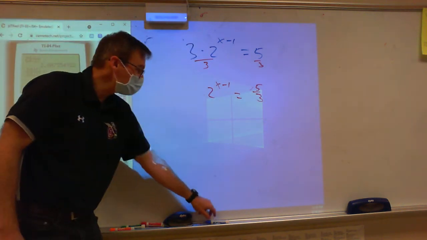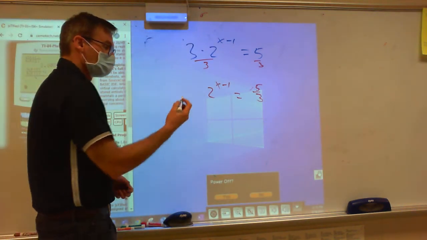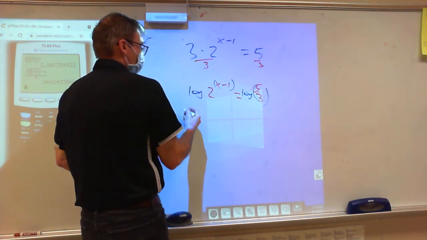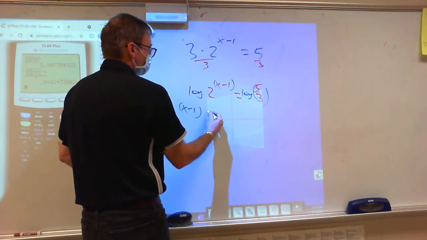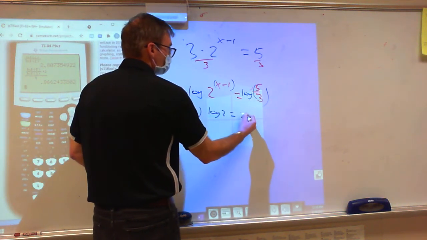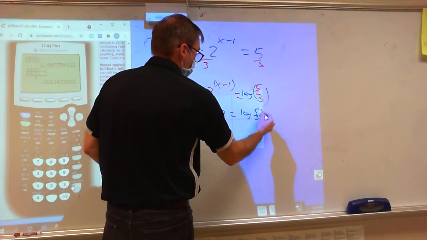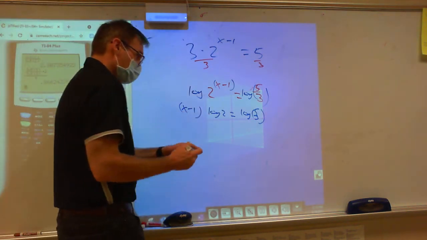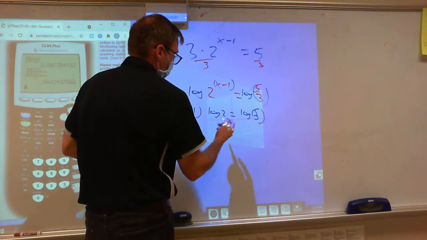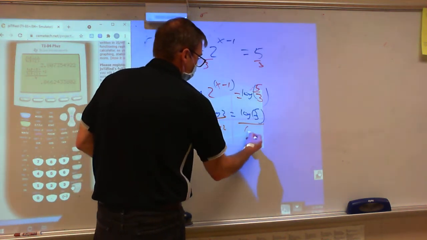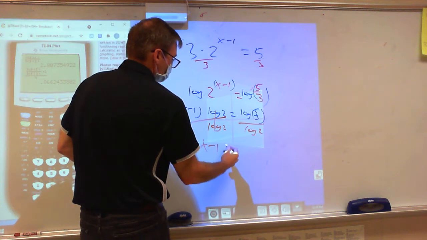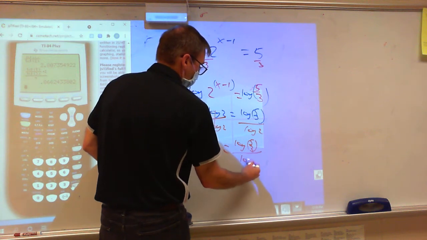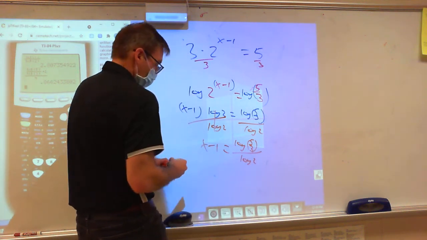Well, okay. Well, what are we doing first? Take log of both sides. So we take log of both sides, so I can bring my exponent down. So that's going to give me x minus 1 times log of 2 is equal to log of 5 over 3. Okay. Now what? Divide by log of 2 on both sides. So if I divide by log 2, the x minus 1 is equal to that big old mess, which is log of 5 over 3 divided by log of 2, and then add 1.